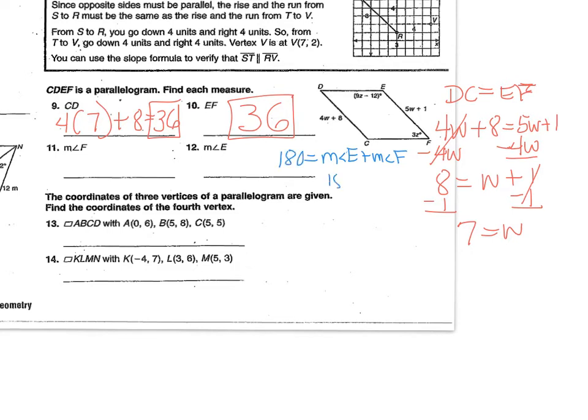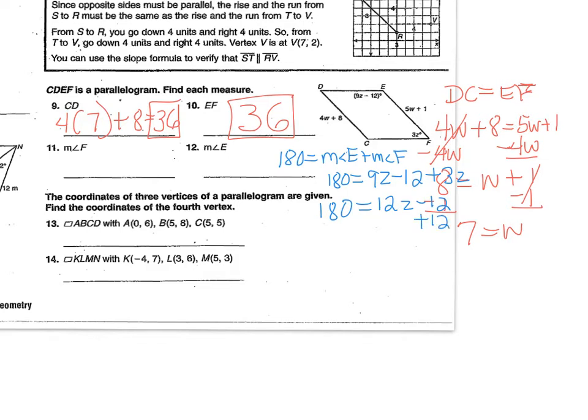That's the same as saying 180 equals 9z minus 12 plus 3z. So I'm going to combine the z's: 180 equals 9 and 3 is 12z minus 12.